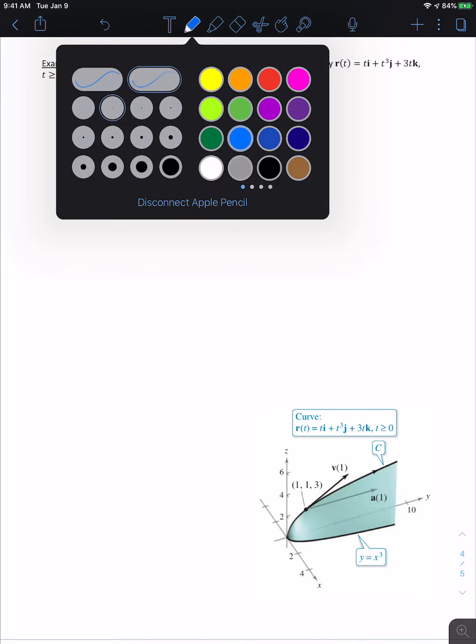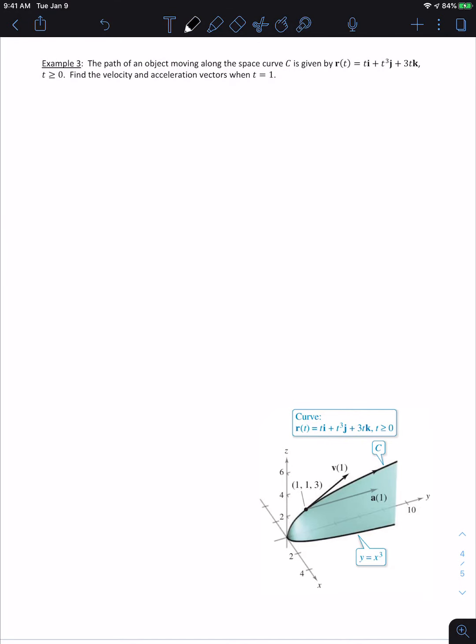So just to get an idea of what's going on here, let's describe the curve that's made by r of t, using the parametric equations. x of t equals t, and y of t equals, or actually we typically don't use t there, do we? So we'll just say x equals t and y equals t cubed.